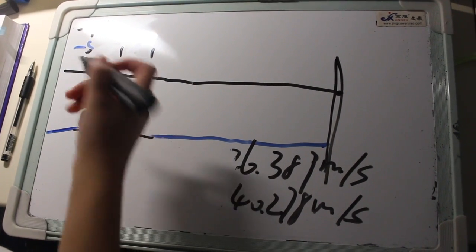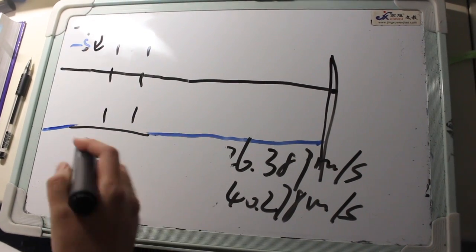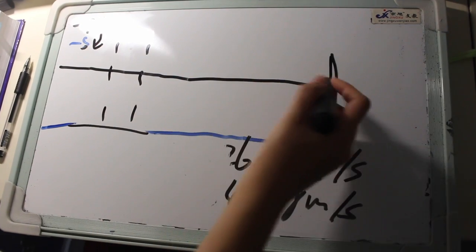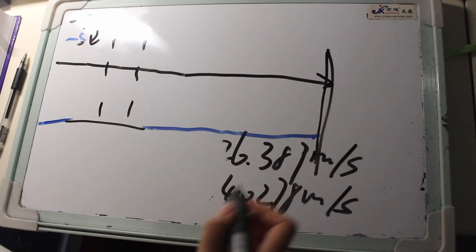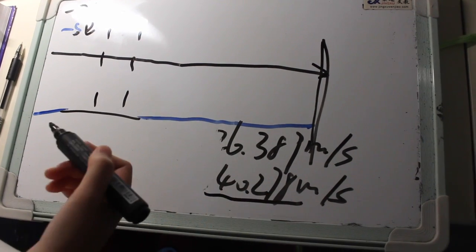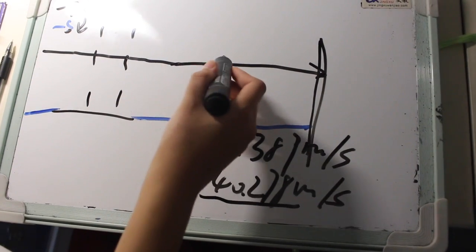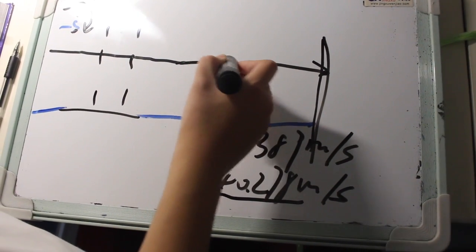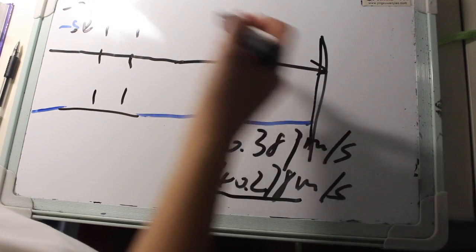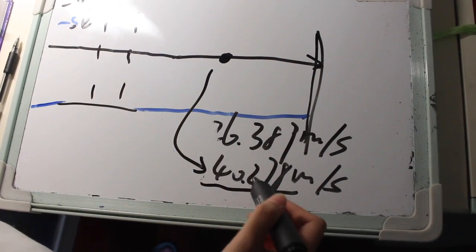We know if the police car decided to catch the speeder, its final speed must be greater than the speeder's speed, which is 40. So we can infer that in this process there must be a point that the police car's speed is equal to 40.2.